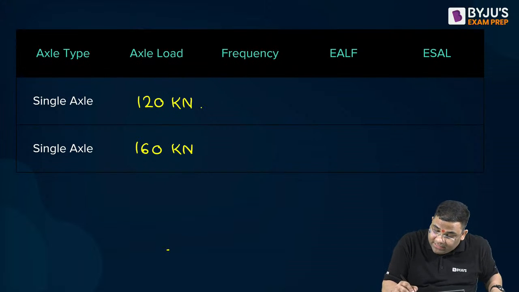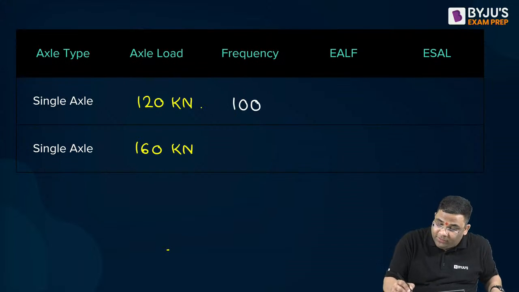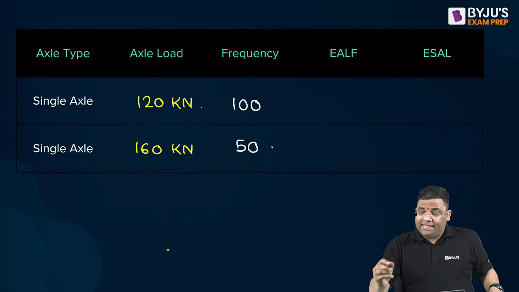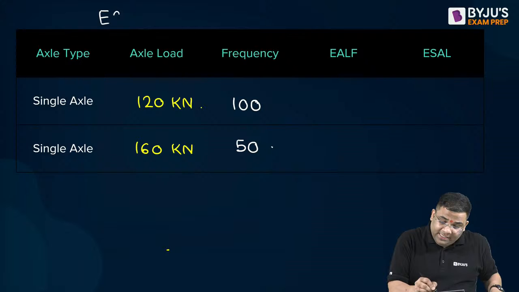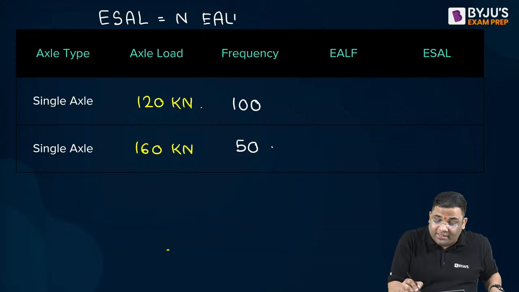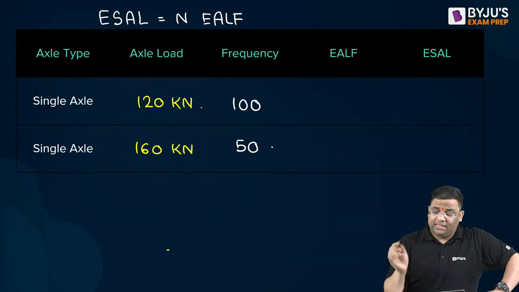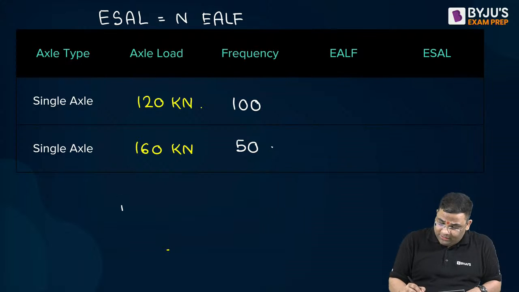Suppose the frequency here is 100 and the frequency here is 50. I told you ESAL is nothing but the frequency times the EALF, the factor. For these single axles, nothing is mentioned, so we'll assume the standard axle load is 80.